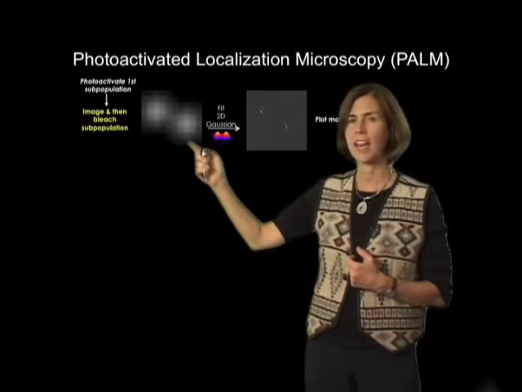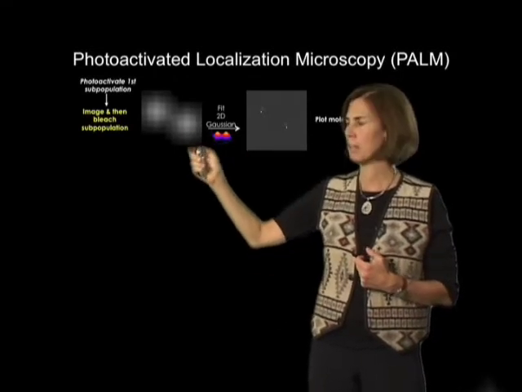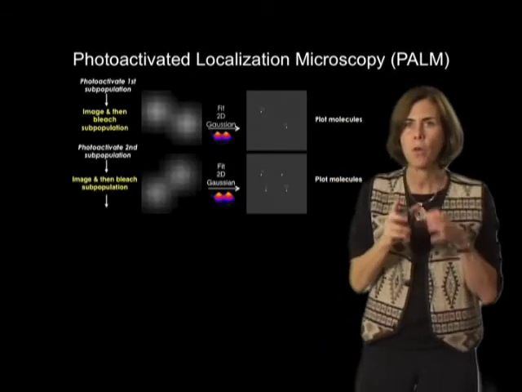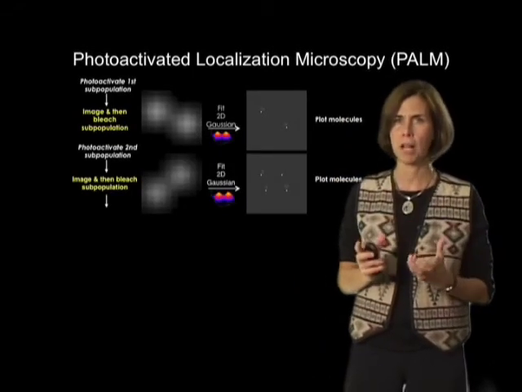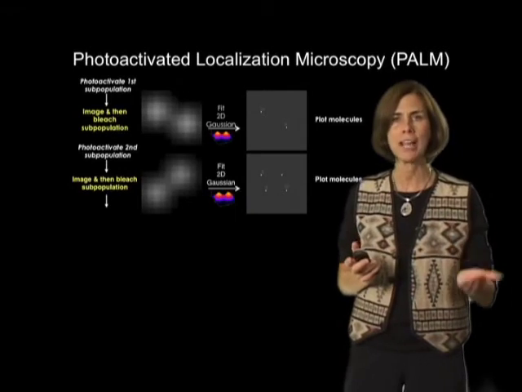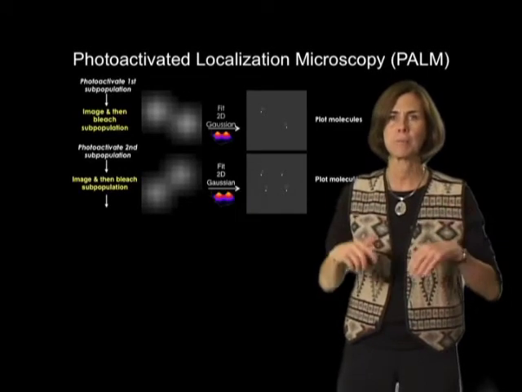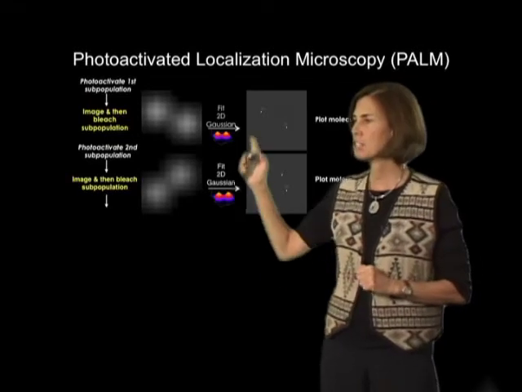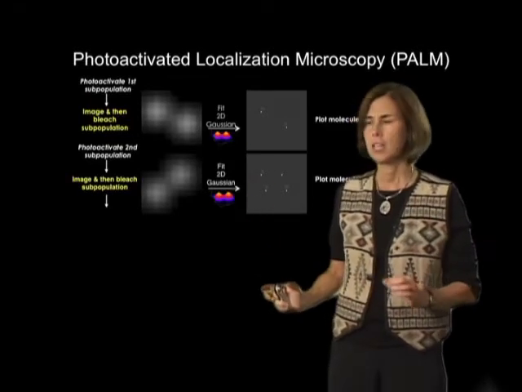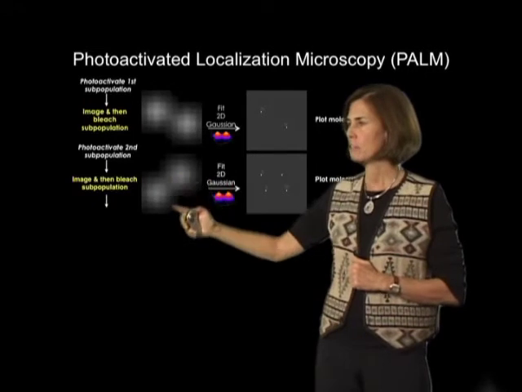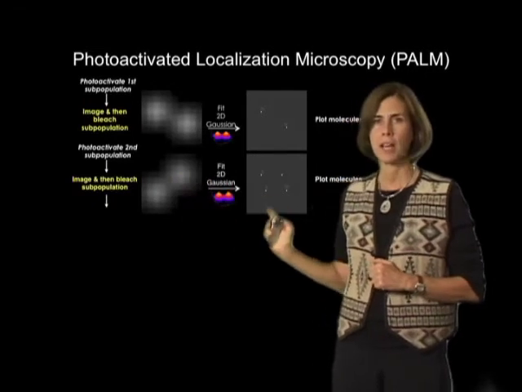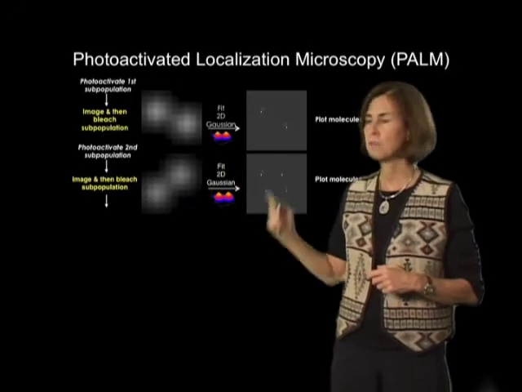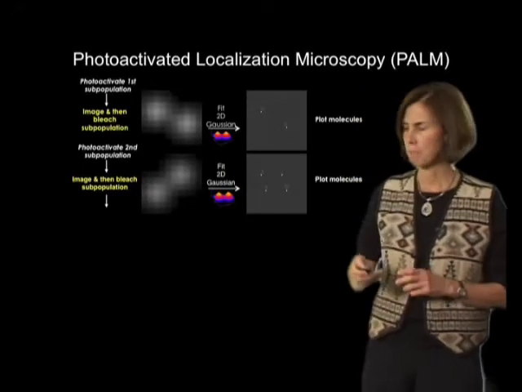Now, once you've done that, you can photobleach these molecules and then photoactivate another small subset of molecules, again using very low light, which just randomly flips on a subset of these molecules. Now, because the specimen is fixed, you can determine where these molecules are distributed in the structure that you're looking at using the fitting algorithm that I mentioned.